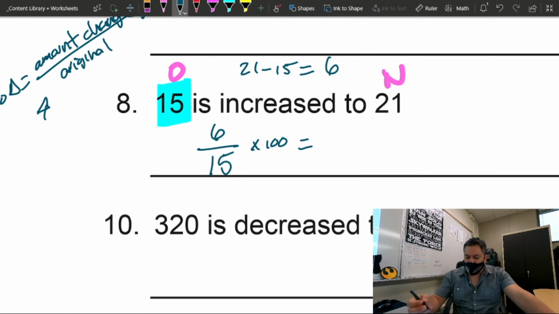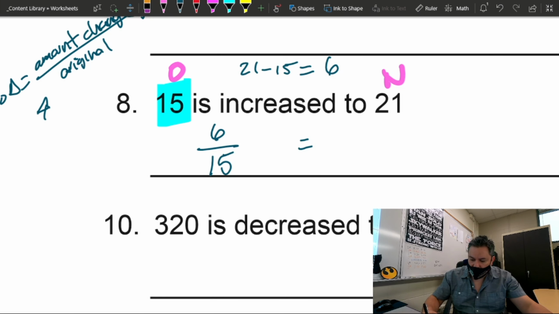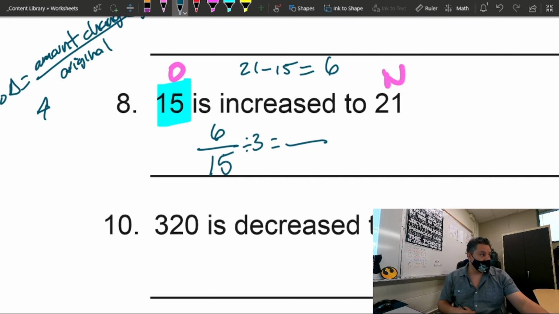Can we simplify this fraction? Yes. What are we simplifying by? 3. Okay. So if we divide both of these by 3, 6 divided by 3 is 2, and 15 divided by 3 is 5. Okay? So far so good?